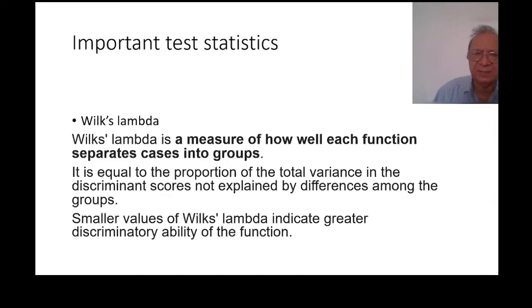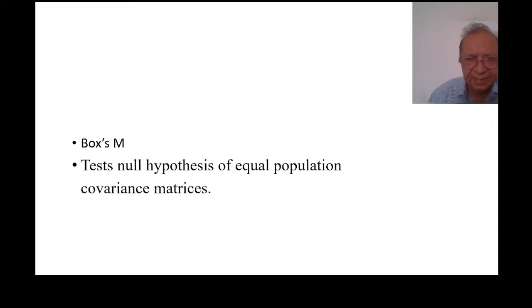Smaller values of Wilks' lambda indicate greater discriminatory ability of the function. Next test, Box's M. This tests the null hypothesis of equal population covariance matrices, whether the variance-covariance matrices are equal or not.